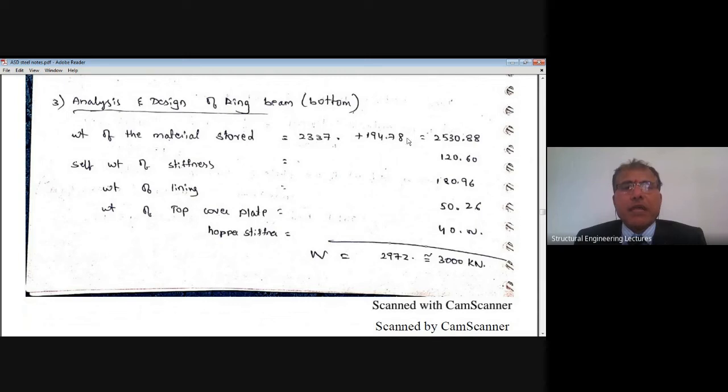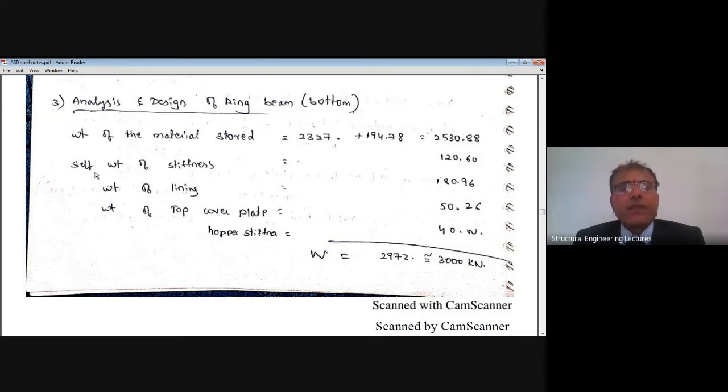Now, let me calculate what is the total load coming onto the ring beam or ring girder. Here I do have weight of the material stored in the cylindrical portion 2337 kilonewtons, and also in the upper hopper portion approximately 195. Summation of these two is around 2531 kilonewtons.